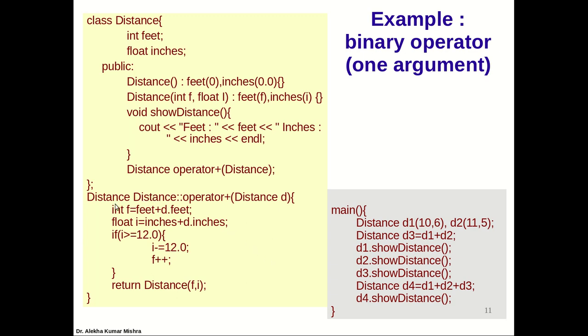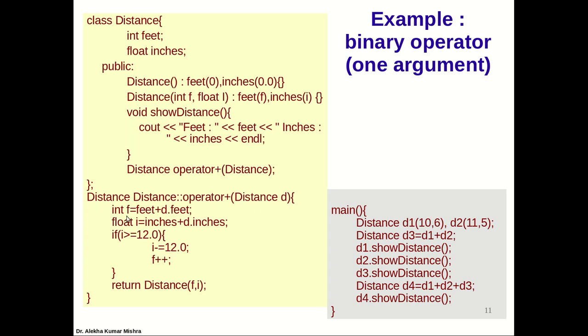We define it with the distance scope, which is a must. The second argument is passed as d, and just like we refer to other objects, we use d to refer to the second object. So what do we do?